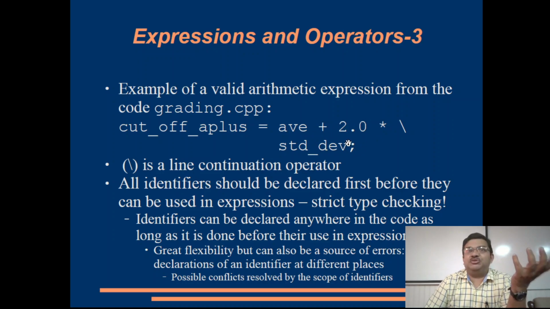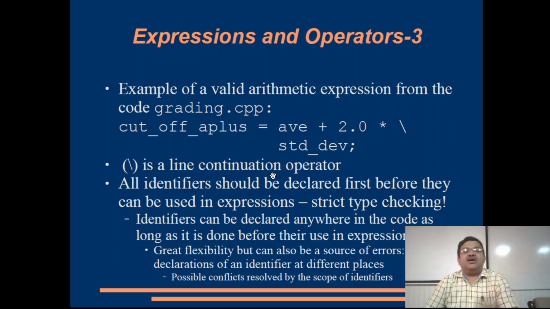So this becomes one number, and that is assigned to this cutoff A plus. So this is another identifier, right? So the backward slash is a line continuation operator, and all identifiers should be declared first before they can be used in an expression.